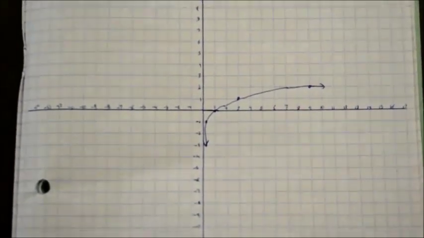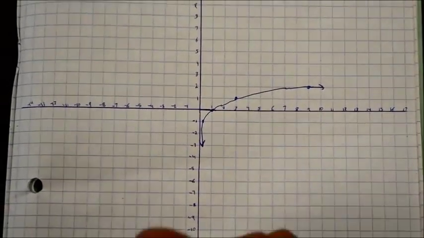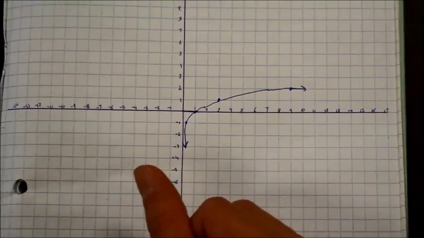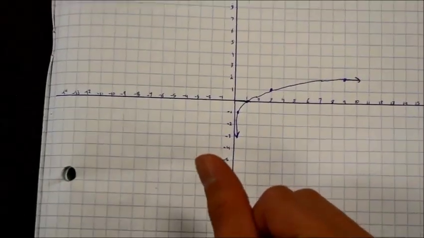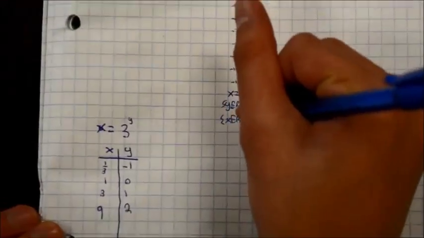So this is how our basic function graph will look like. Our asymptote is 0. And our range will be y equals all real numbers. The domain, x must be greater than 0.